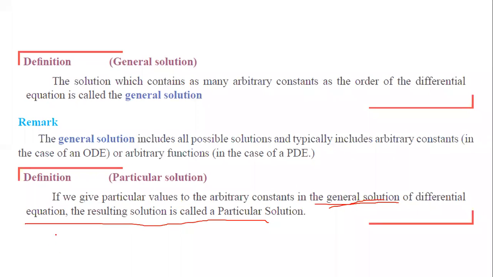So for any ordinary differential equation, the solution is known as the complete solution or the complete integral, CI. There are two parts. One is the particular solution or particular integral.